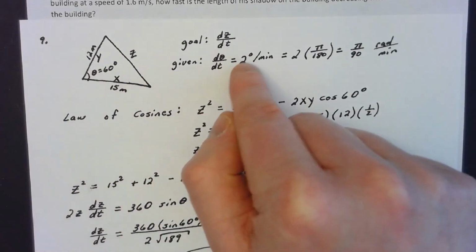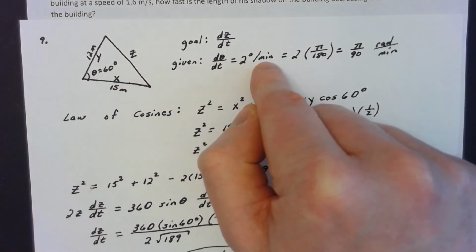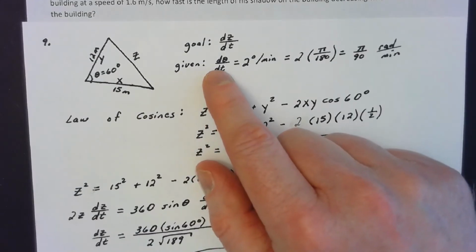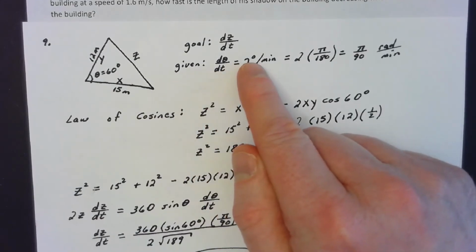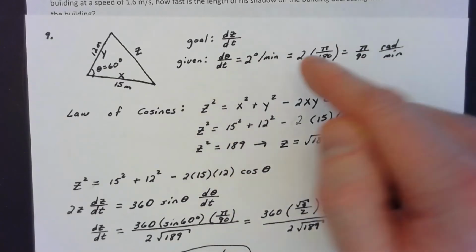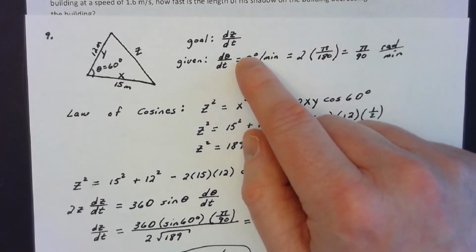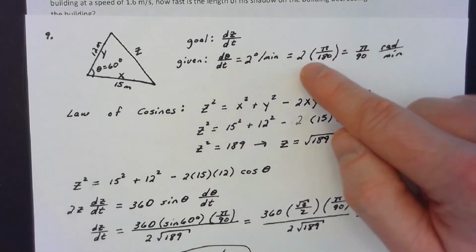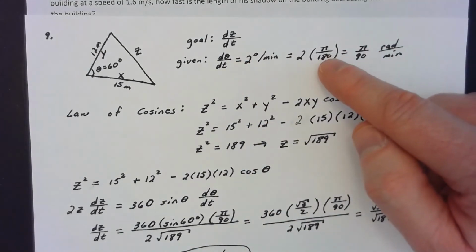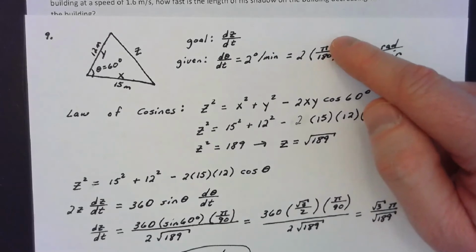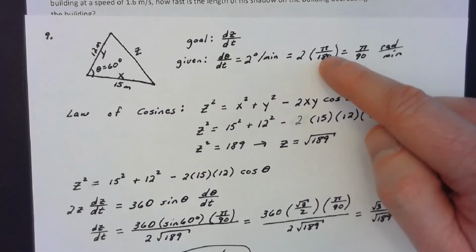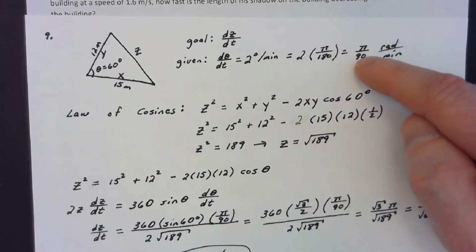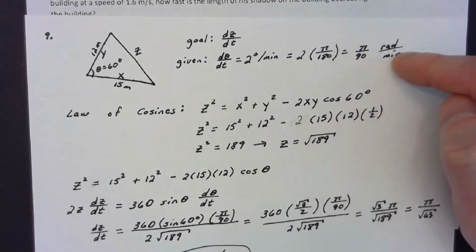Now that 2 degrees per minute, I went ahead and converted that to radians because you can never multiply by degrees within any equation. It's just invalid. You have to have the radian measure. So I went ahead and converted 2 degrees to radians. I divided by 180 degrees, multiplied by pi radians, and said, well, that would just be 2 pi over 180, which reduces down to pi over 90 in radians per minute.